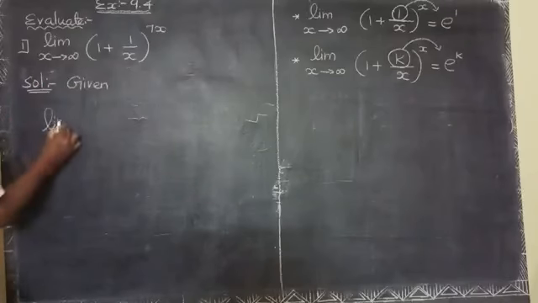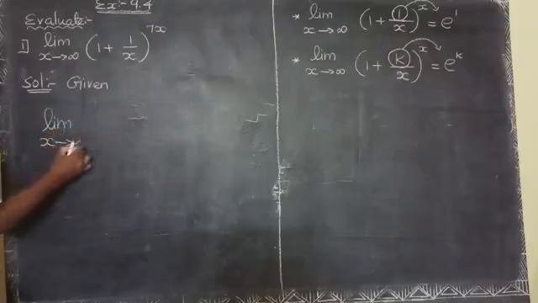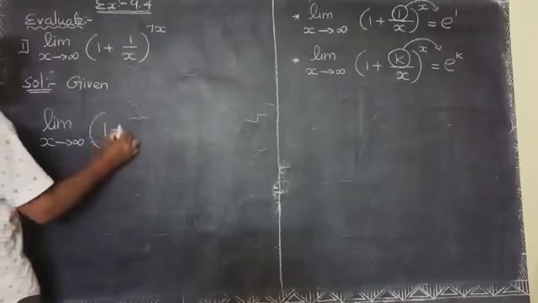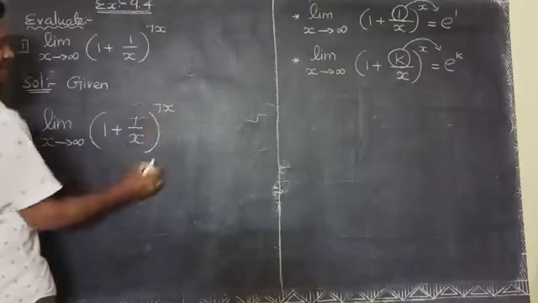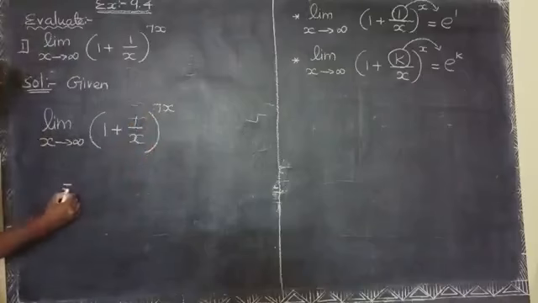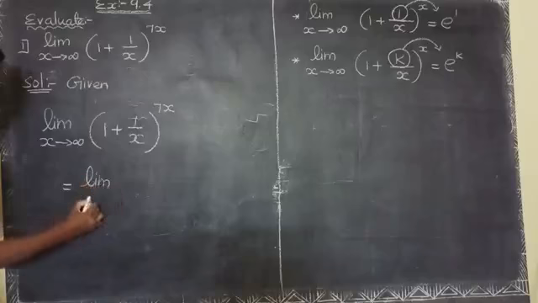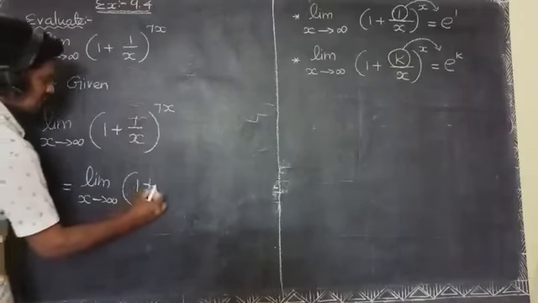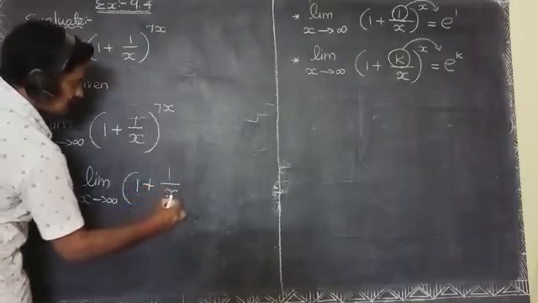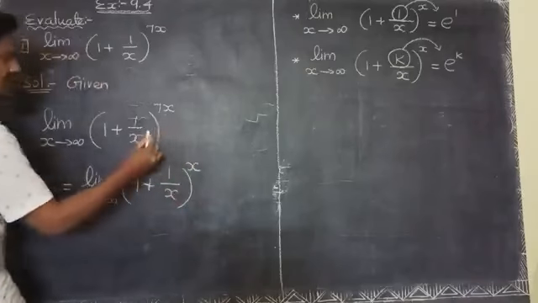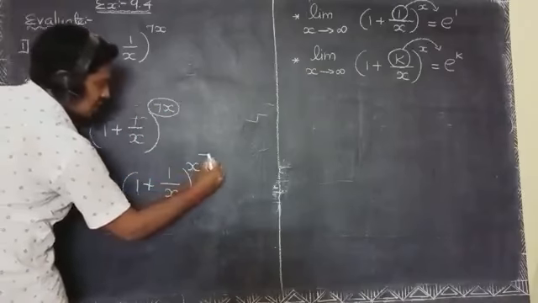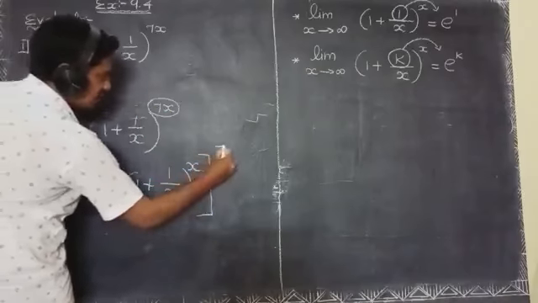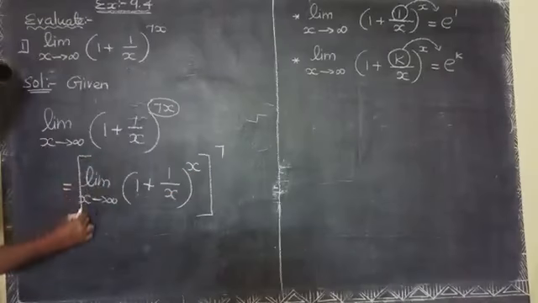Similarly, with the same procedure, for the given problem, limit x approaches infinity of 1 plus 1 divided by x whole power 7x can be written as limit x approaches infinity of 1 plus 1 divided by x whole power x, whole power 7.